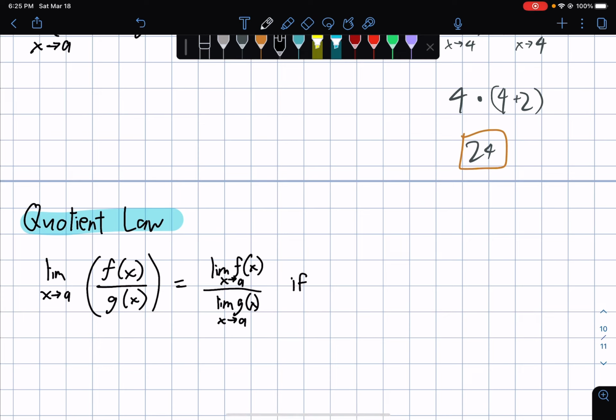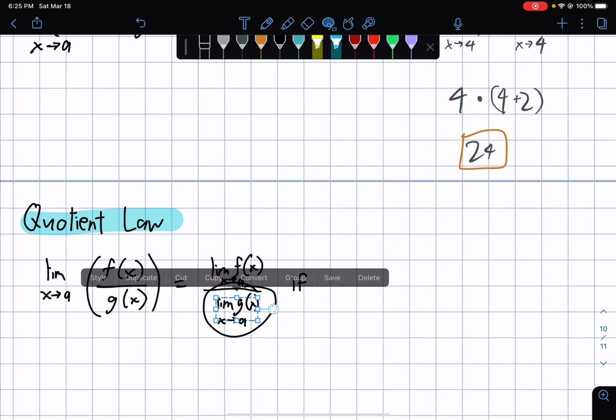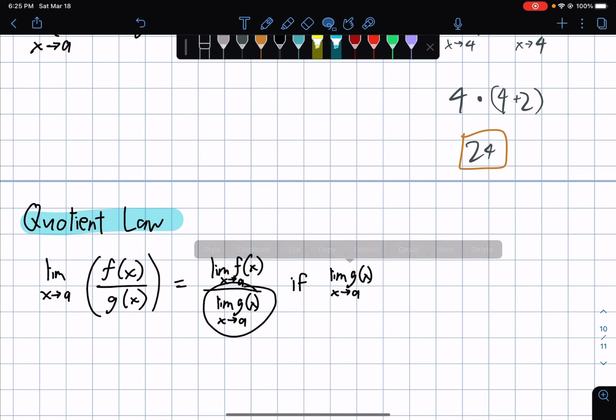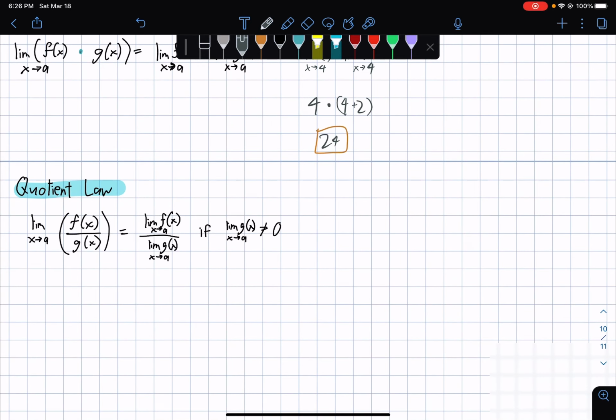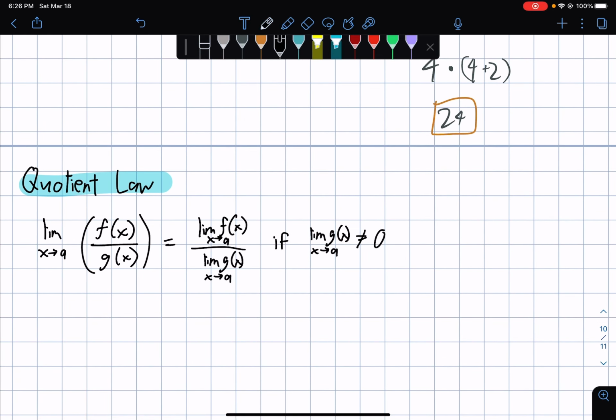Of course we'll be assuming that the denominator is not equal to 0, because we all know that every number that is divided by 0 is going to be undefined. We don't want that. So this is the quotient law. Let's find an example.